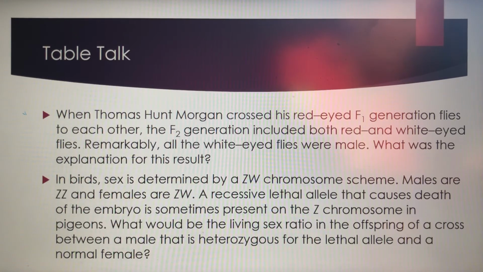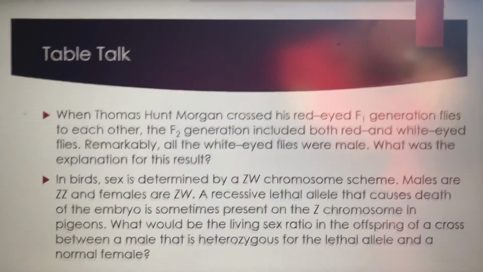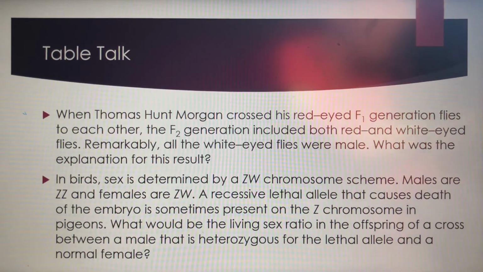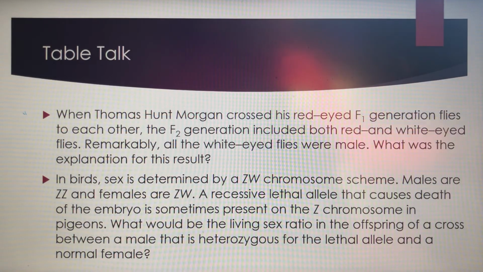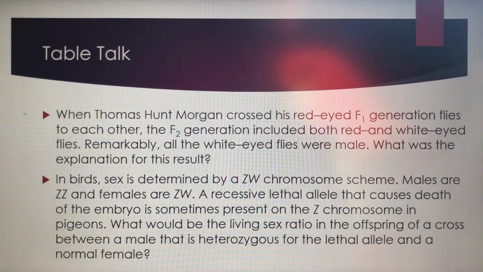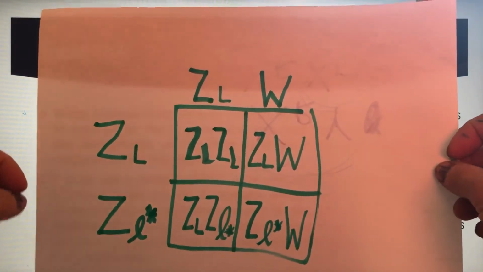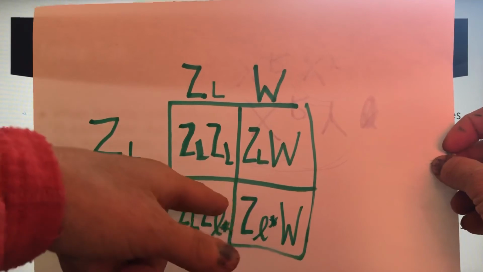So I'm going to go ahead and fill this Punnett square in. And obviously, if you look, all the males are going to get at least one good copy from their mom. So you're not going to have any of the male offspring dying.